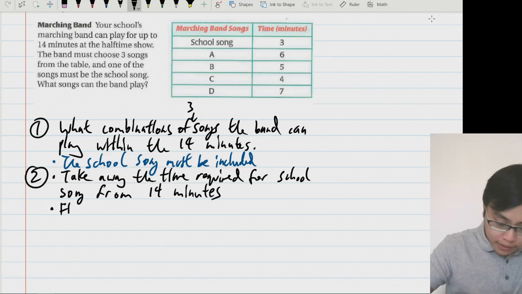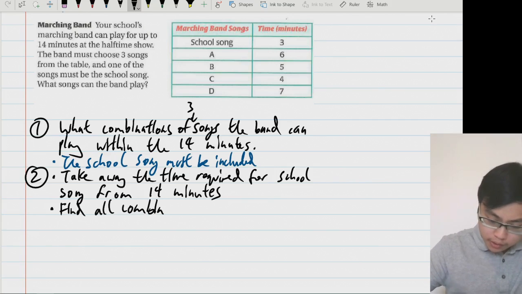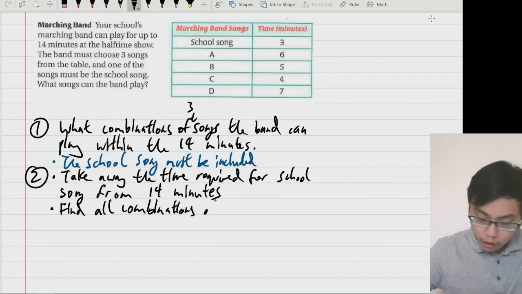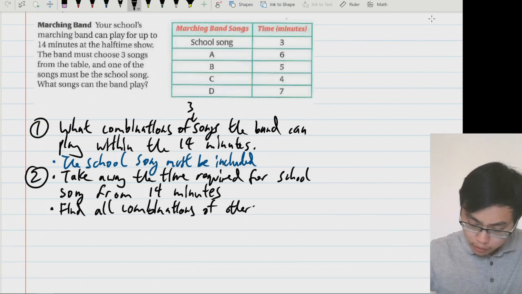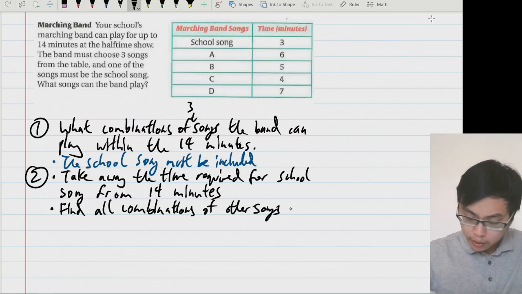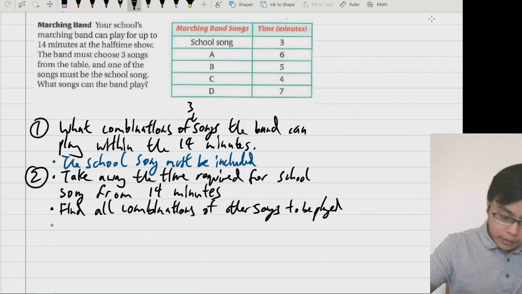We want to find all combinations of other songs to be played. And then we also want to add up their times.